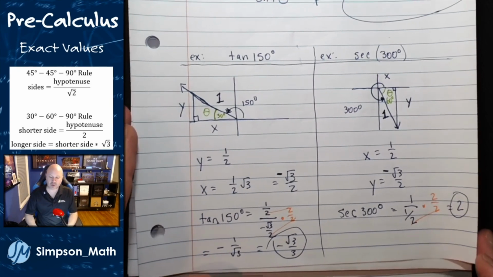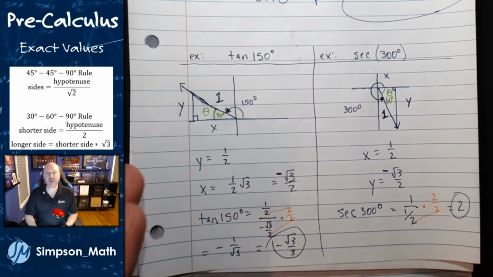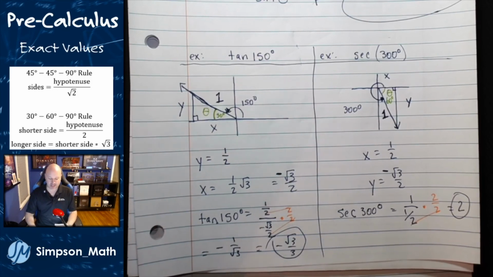All right. So you should now be able to take a circle and along every 30 degree and 45 degree interval, go along and label all of those coordinates.